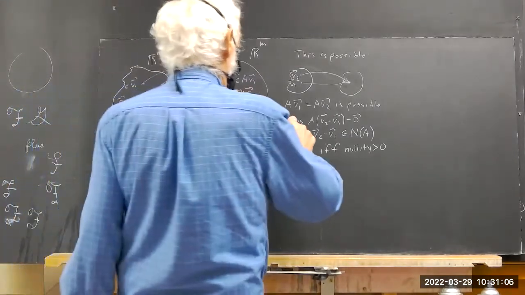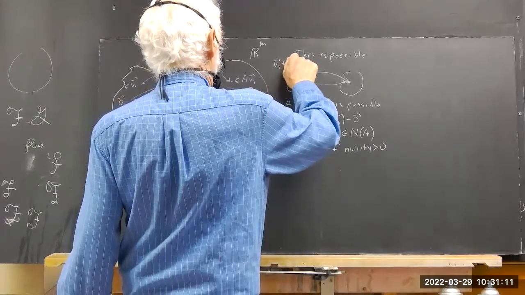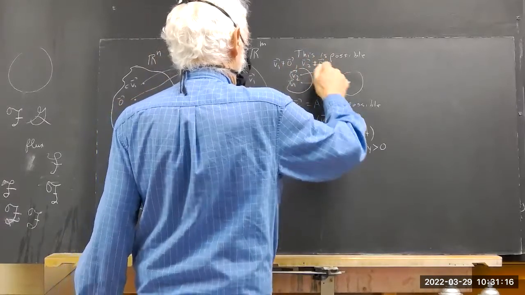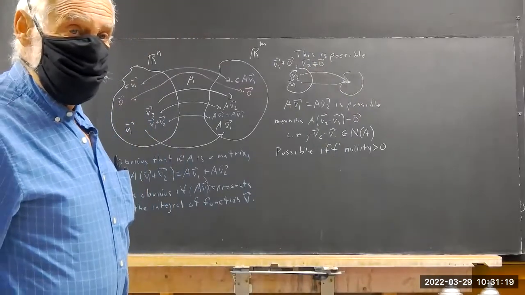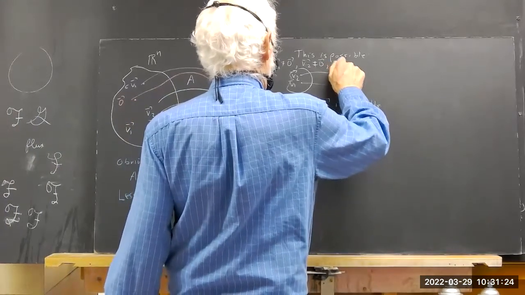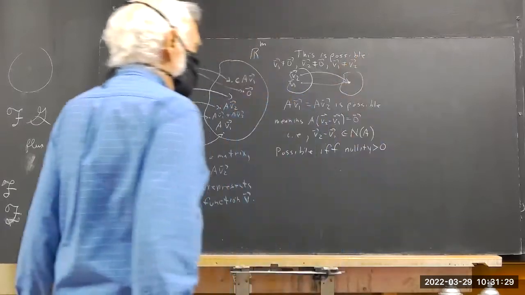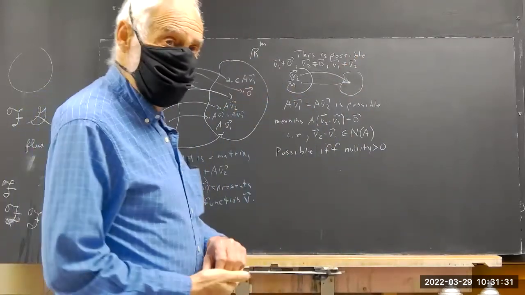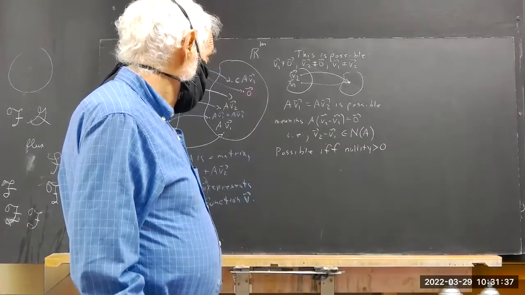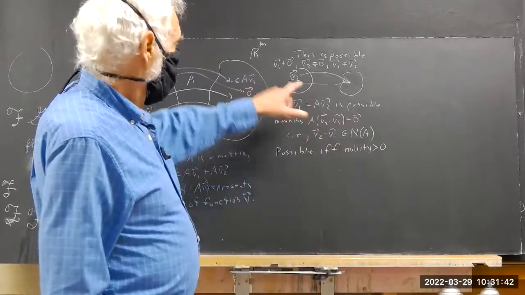Assuming that V1 and V2 are not both equal to 0, and V1 not equal to V2. You could make this a little weaker.